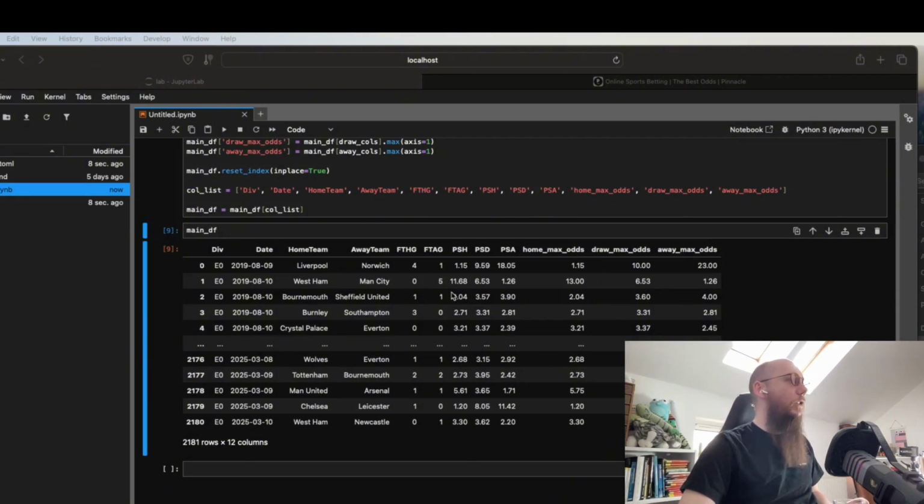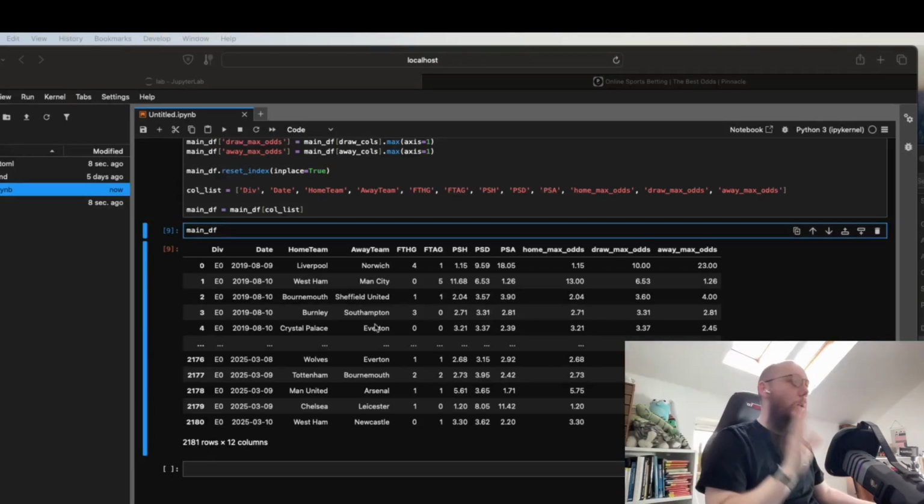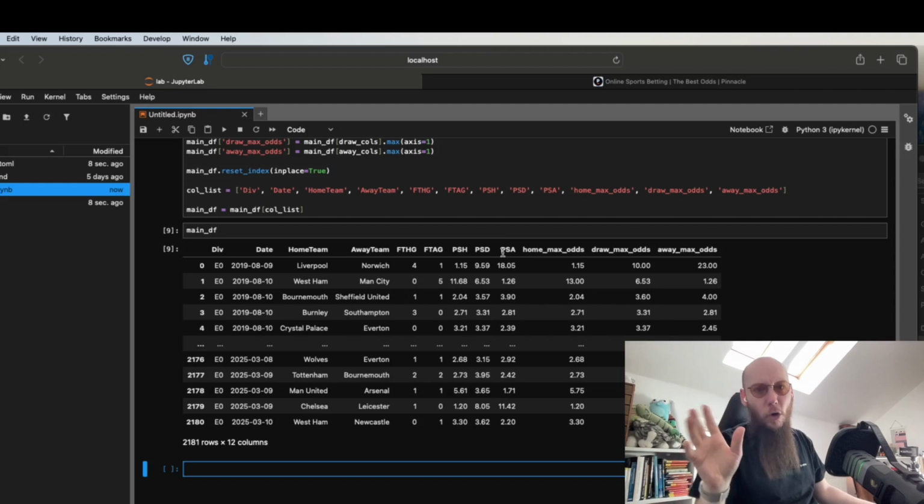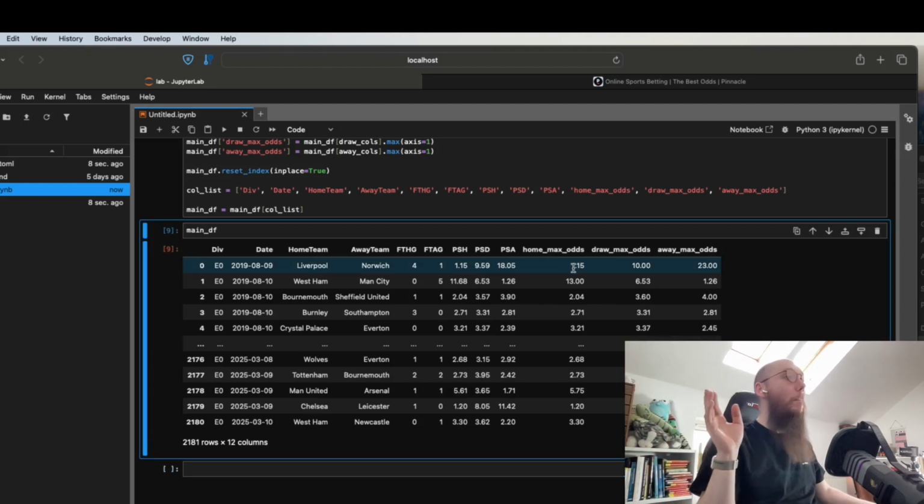But here, look, West Ham are playing Man City, and Pinnacle quoted 11.68 for West Ham to win, and the maximum that we could have gotten from the market was 13. So naively, you might think, hey, we should have taken that bet. Let's look at what happens if you do that. What we need to do is isolate a data frame, and we'll just look at home odds because that demonstrates my point, where the home max odds are greater than that quoted by Pinnacle.